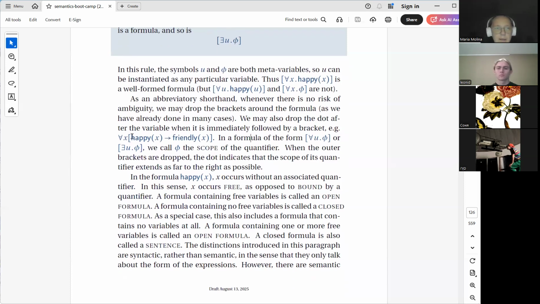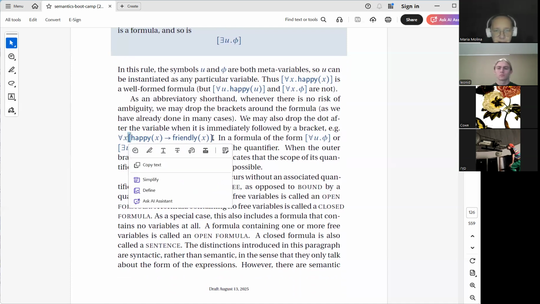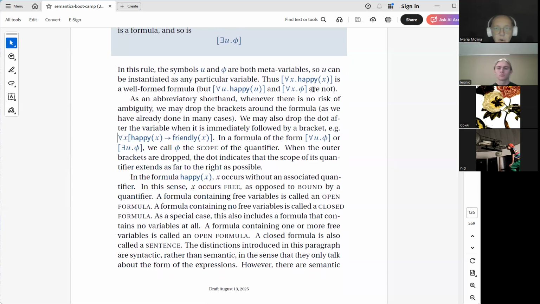And when we write those brackets, we do not need the dot. But if we drop the brackets, then we need this dot. The dot works as brackets.